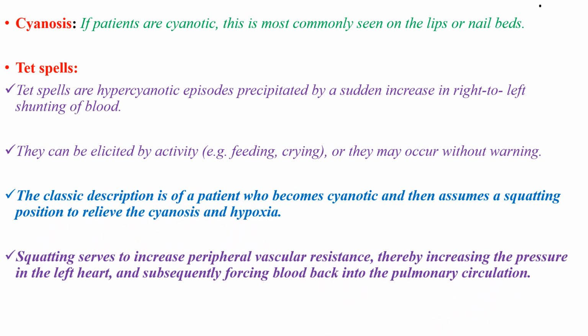Squatting serves to increase peripheral vascular resistance, thereby increasing the pressure in the left heart and subsequently forcing blood back into the pulmonary circulation through the VSD. So squatting serves to shunt blood from left to right, which was initially right to left through the ventricular septal defect.